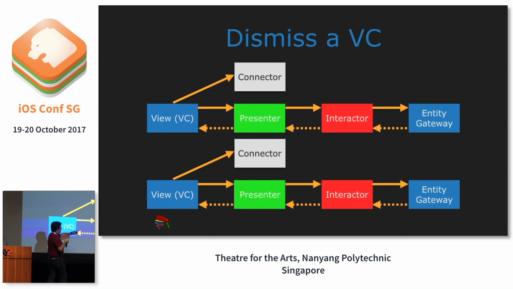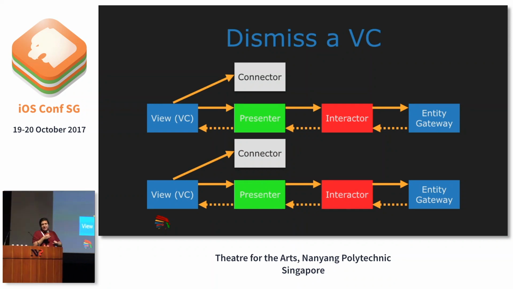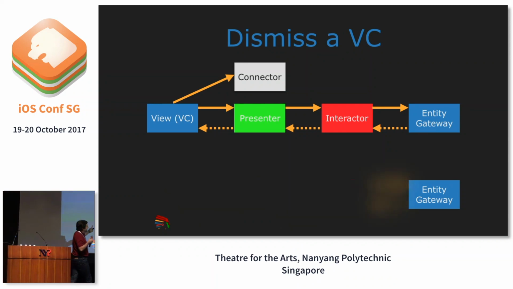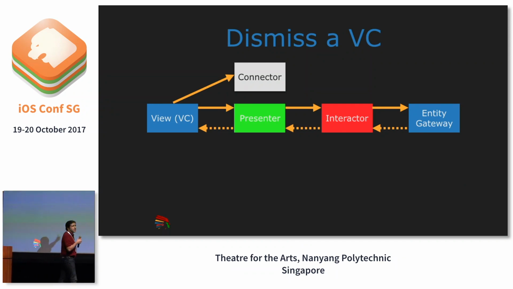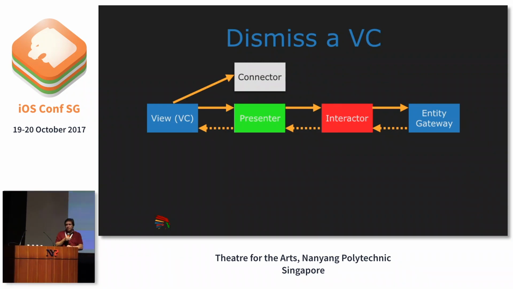Then the presenter tells the view, I want you to navigate back, perform that unwind segue. And that triggers the deallocation of the view, which in turn, because it's the only one that holds strong references to the rest, will cause the rest of the deallocations. So nothing is left afterwards.